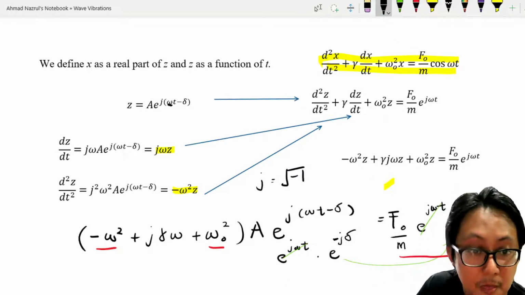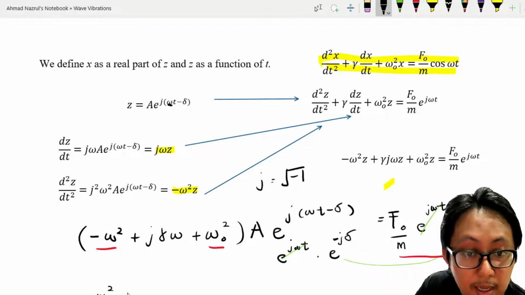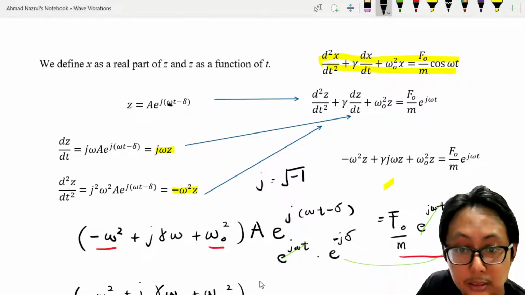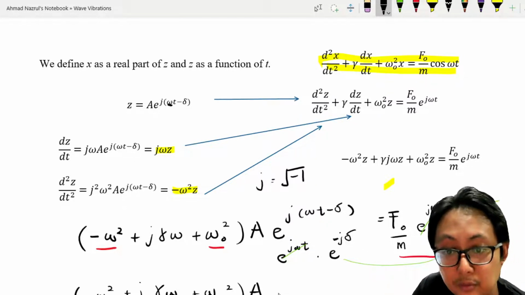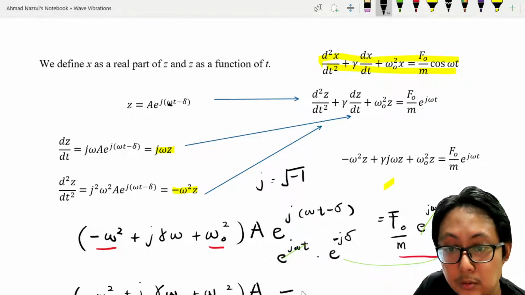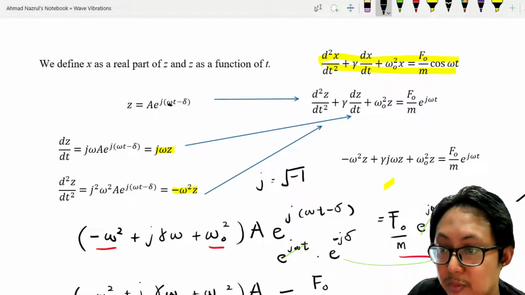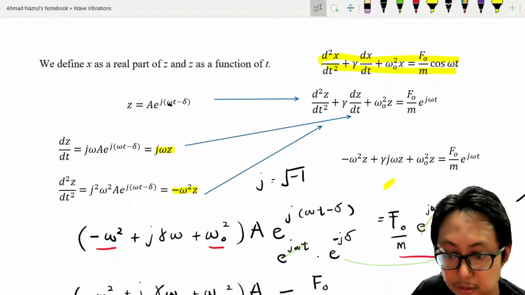We have another step here: minus omega square plus j gamma omega plus omega naught square, times A, which is what we are trying to find, equals, because everything goes to the right side and the j omega t is cancelled, f naught over m exponential j delta. We can split using Euler, so we have cosine delta plus j sine delta.